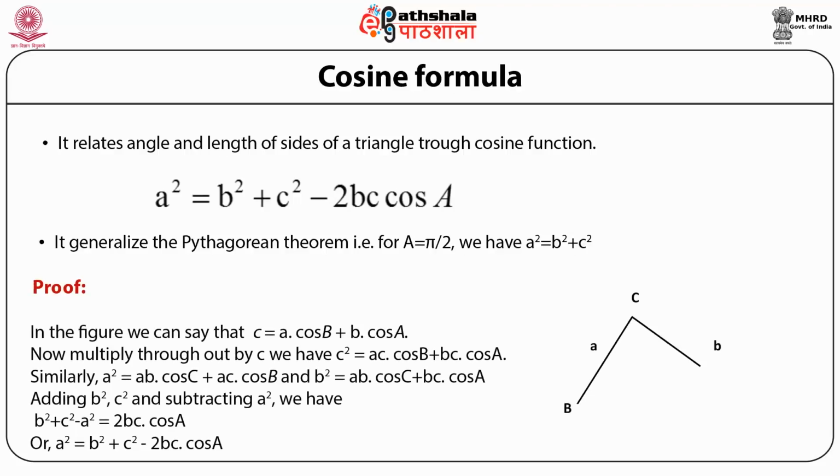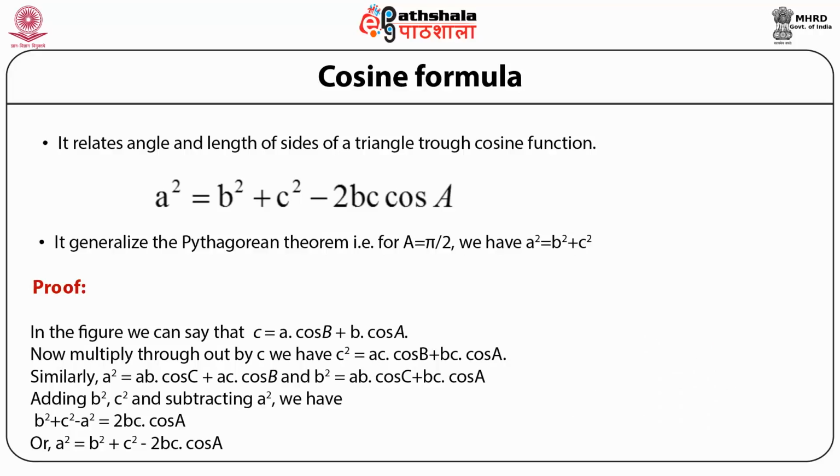In the figure, we can actually see or derive c is equal to small a times cos B, B is the angle, plus small b times cos A, A being the angle. Now multiply throughout by c, then we'll have c squared is equal to ac times cos B plus bc times cos A.